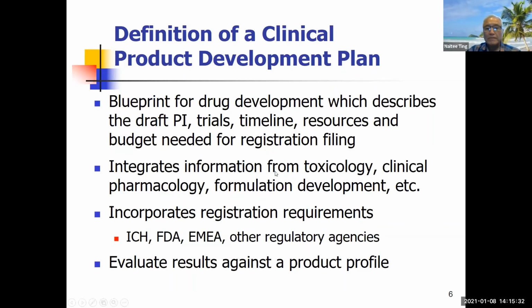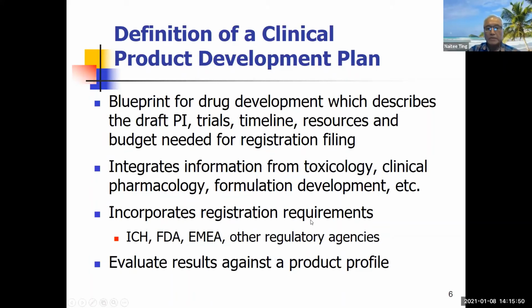And it integrates information from toxicology, clinical pharmacology, and formulation development. These are the preclinical data. Toxicology, clinical pharmacology, formulation, animal PK, all this information, you have to incorporate into consideration while you're drafting that Gantt chart.